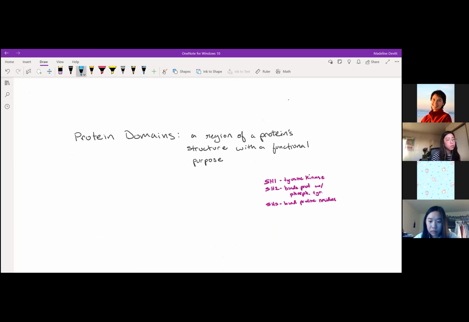There's a variety of protein domains that span various proteins in our body. Some examples are the SH1, a tyrosine kinase, an SH2 domain, which binds phosphorylated tyrosines, and an SH3 domain, which binds proline residues on other proteins.